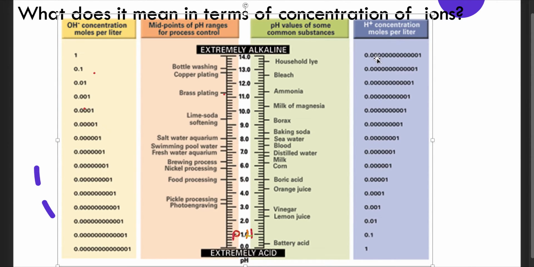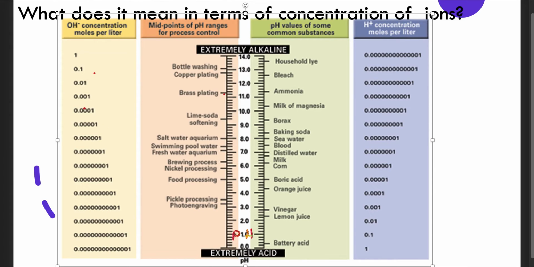It becomes smaller. When we look at the hydroxide concentration, it increases or becomes stronger, more concentrated. Okay. And these numbers help you see that the difference between the pHs is a tenfold for each.